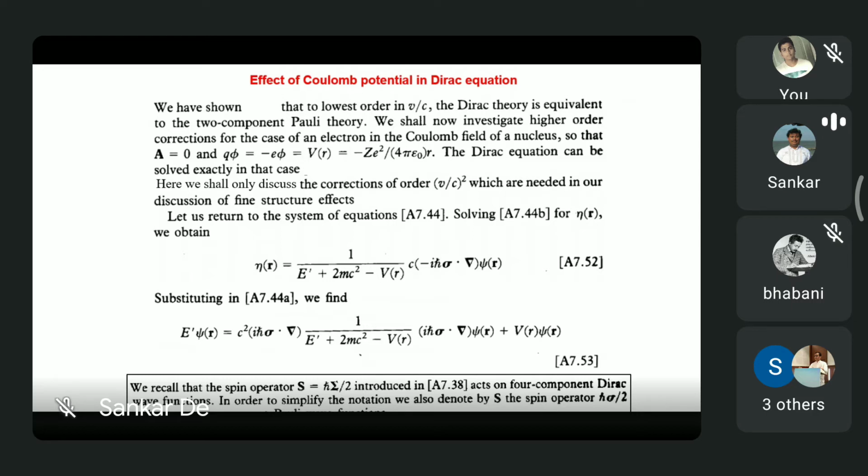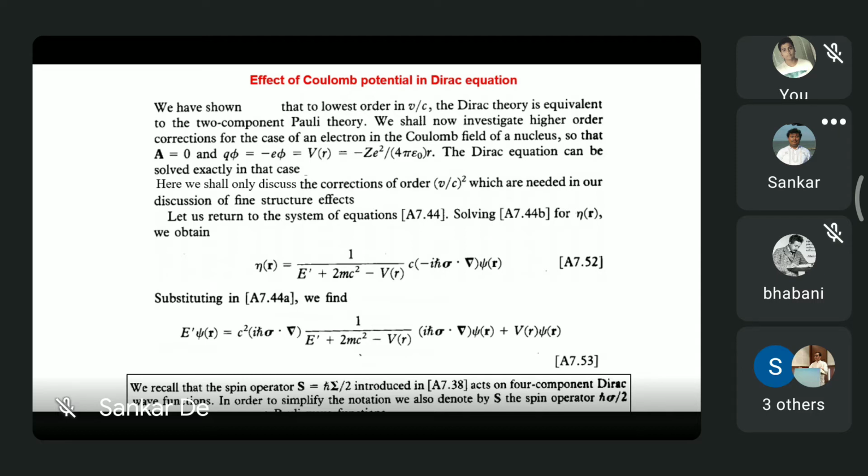Here, for a central field, A, the vector potential, is 0, and the scalar potential q phi is e phi because it is an electron, which is also the potential V(r). So we define the Coulomb field of the nucleus as minus Ze square by 4 pi epsilon 0 r. And we see that the Dirac equation can be solved exactly in that case.